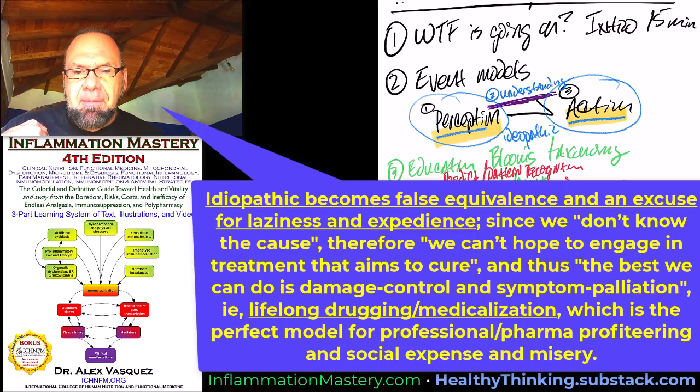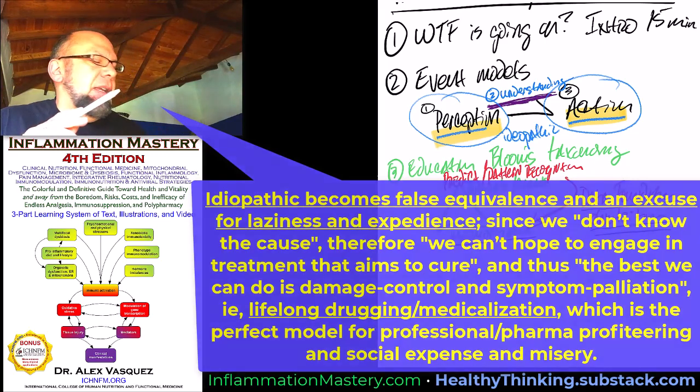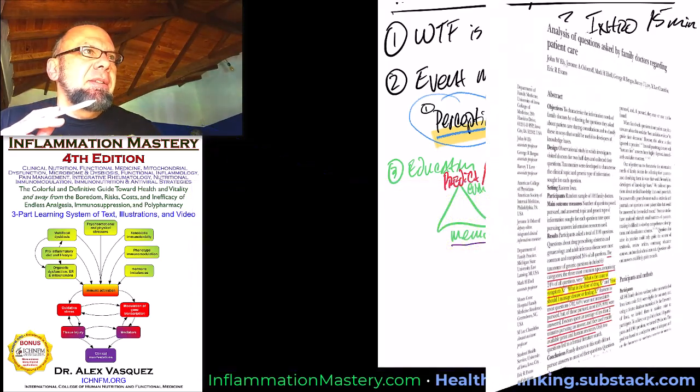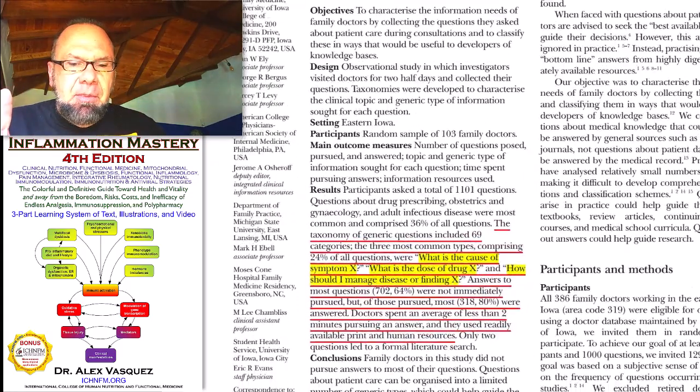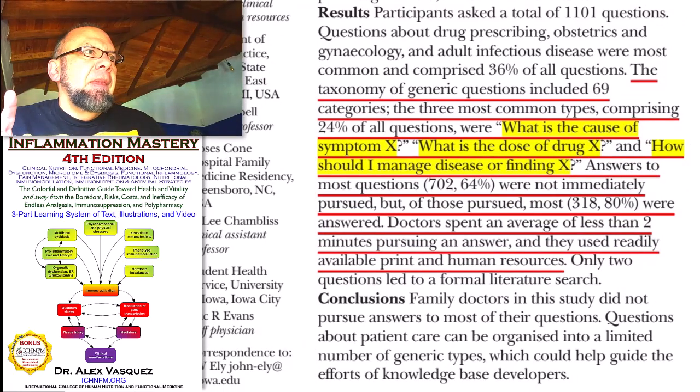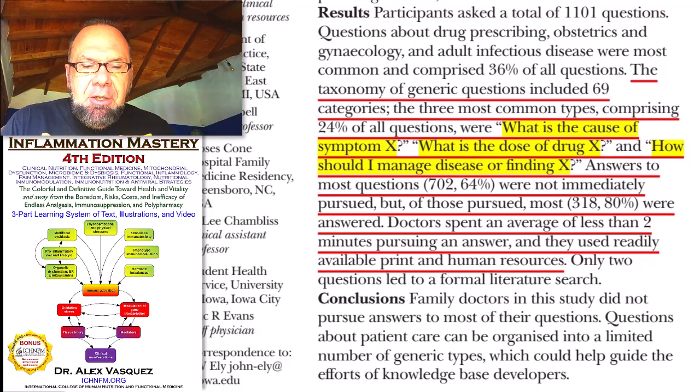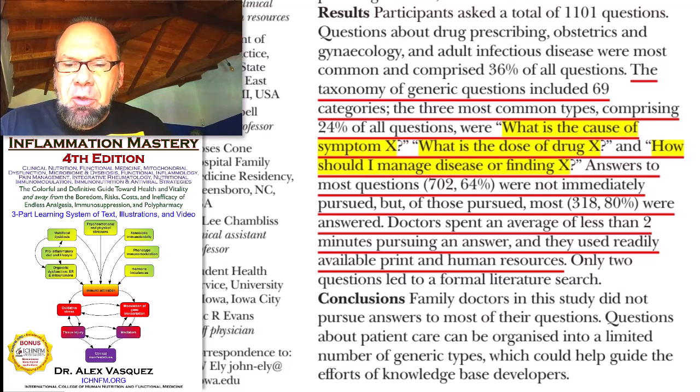Number two is the evidence demonstrated here in this clinical practice study showing that the most common questions asked by doctors are, what is the cause of the symptom, which is identification. So we go from identification or perception to action, which is we're already prescribing drugs.